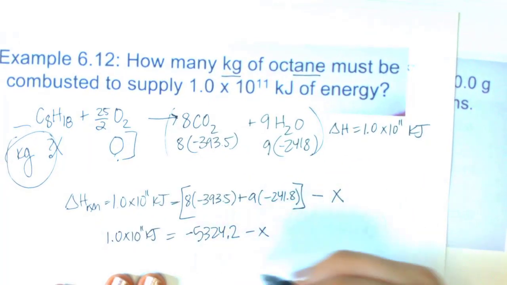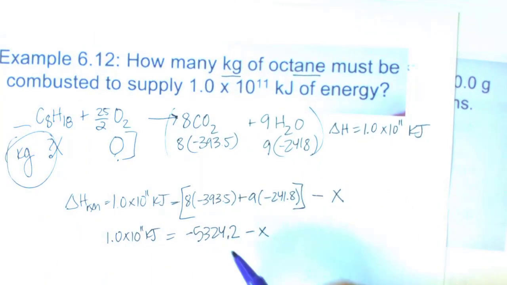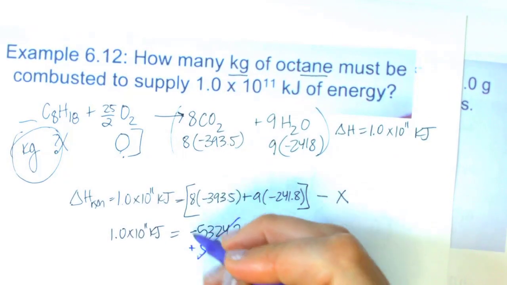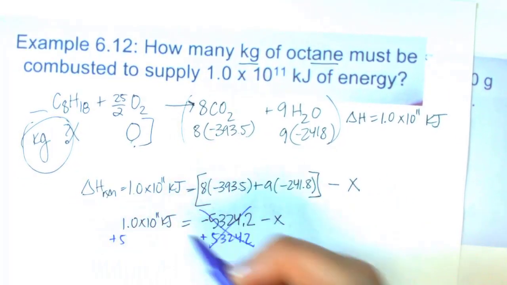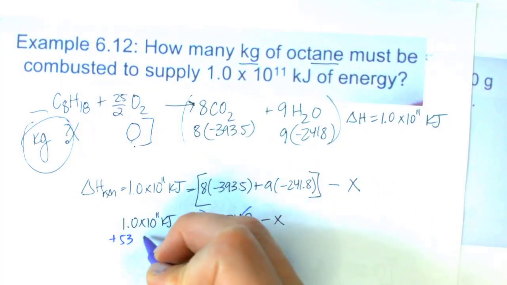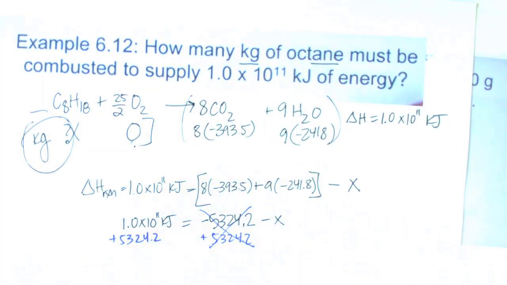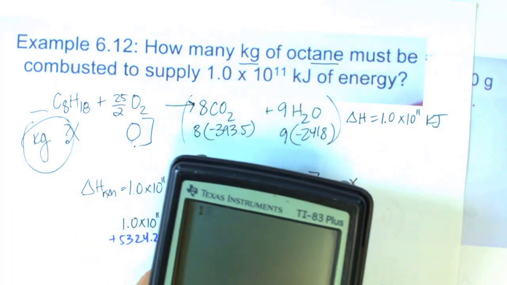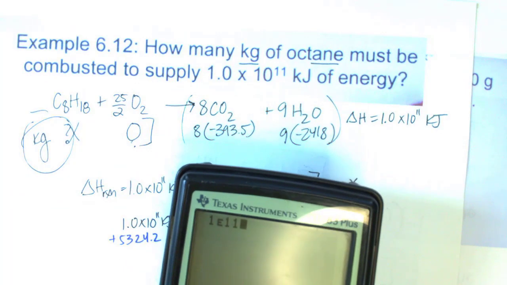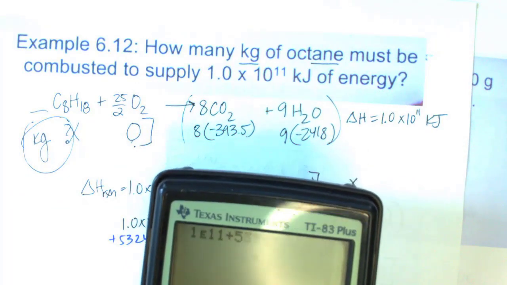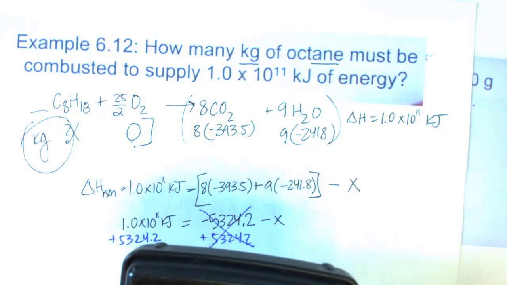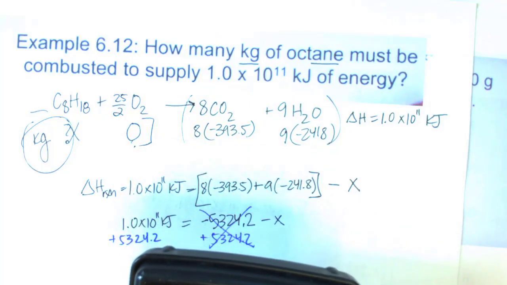Well, let's do some algebra here. Let's add 5,324.2 to both sides to get rid of that. If I do this on my calculator, 1E11 plus 5,324.2 is really, since 1 times 10 to the 11th is so big, adding just 5,324 doesn't really change it.